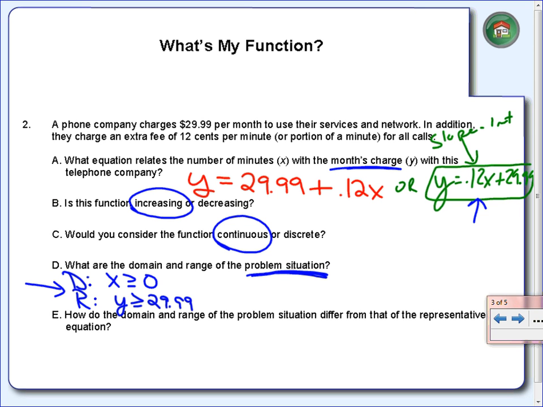So notice here the domain and range, and I need you to write this down for E, guys. The domain and range for the equation is all real numbers. It's kind of like what we did for F on the previous question.